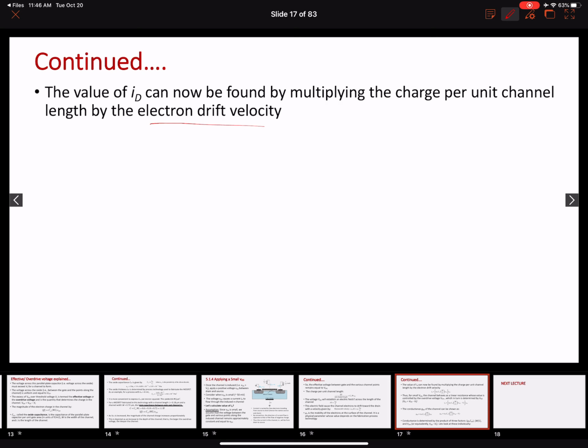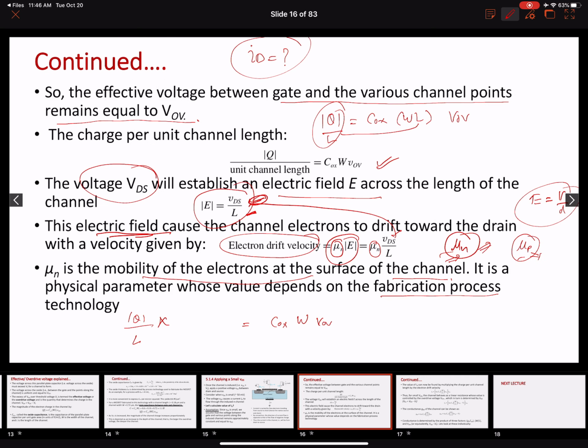Let's multiply this by the electron drift velocity, which is mu n VDS over L. We know we can find the current simply as Q over T. At least the dimensions need to make sense: the dimension of velocity is meters per second, so these dimensions cancel out with this. So the dimensions make sense.